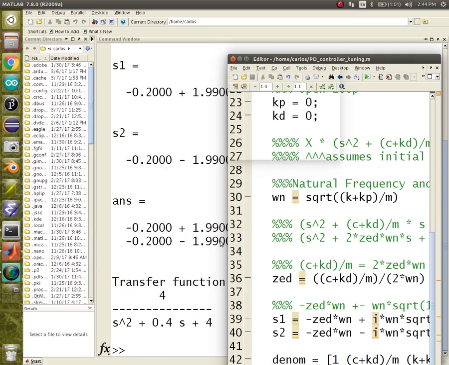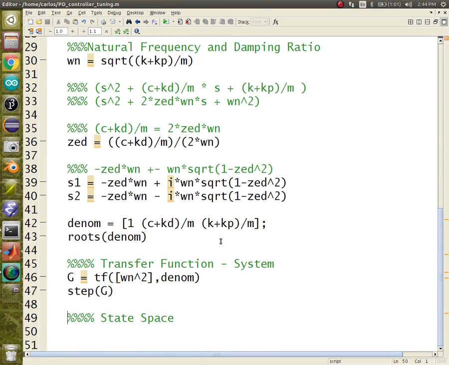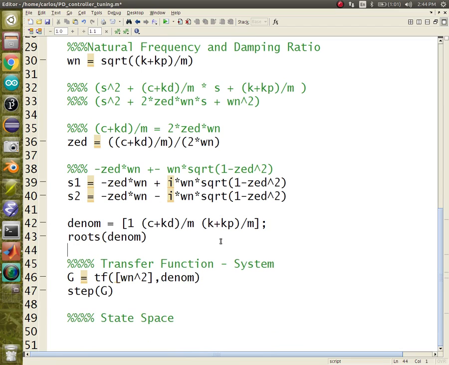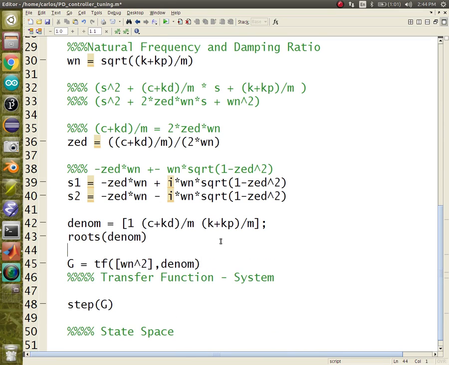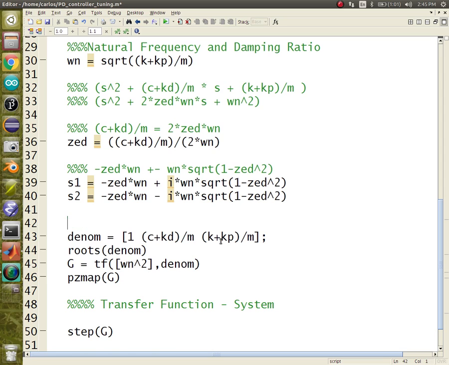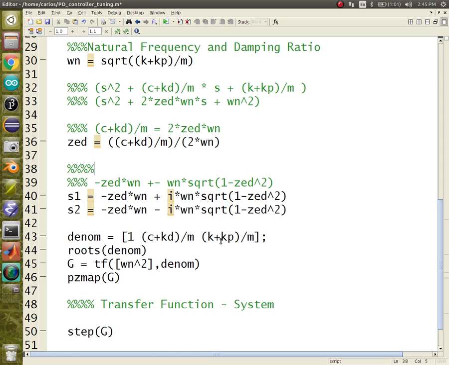The other thing that you can do is not only roots of denom, you can also run pzmap on G. So I'm going to move G up to here and do pzmap of G. Here are my poles and zeros. Notice there are no zeros in this transfer function. I'm going to throw a figure down so I can see both.